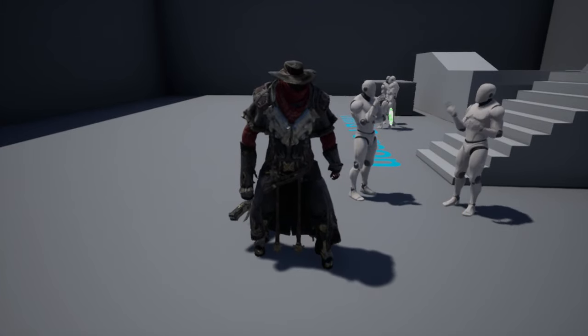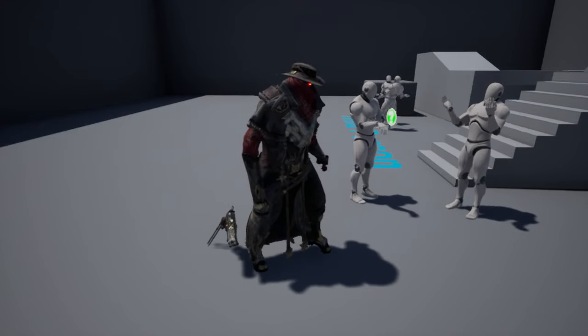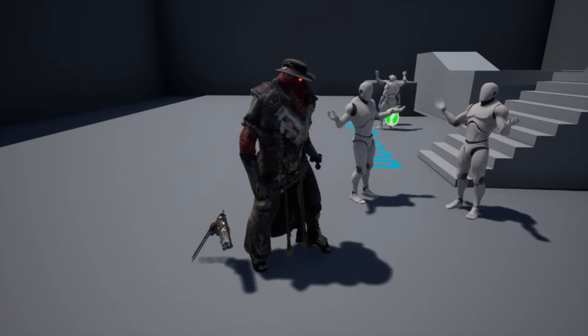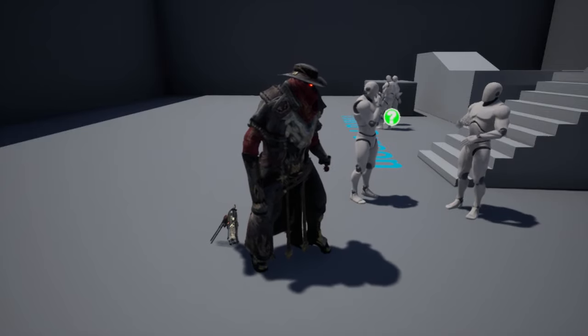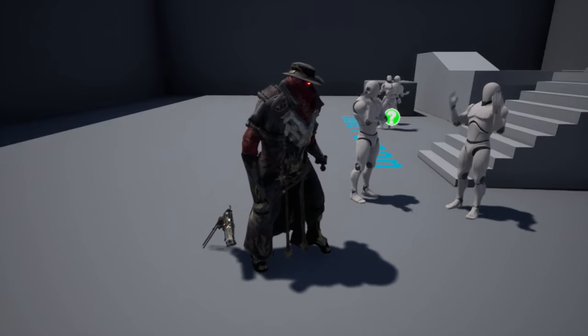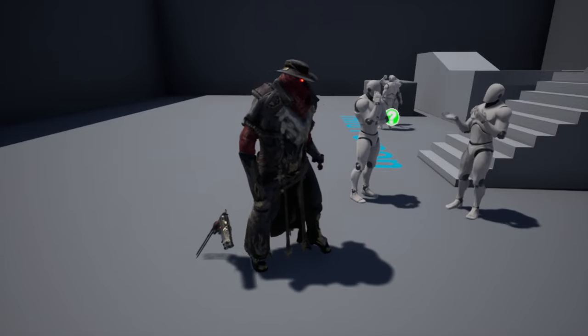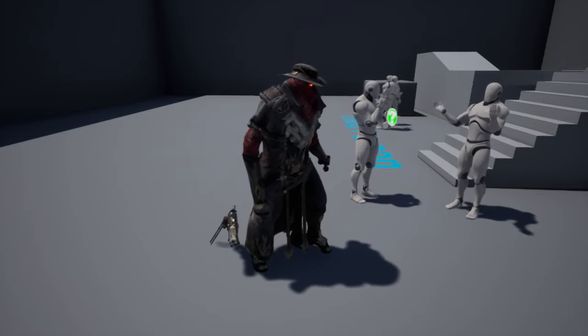And the same process that I used to put him here, I could retarget his mesh onto there and just keep that animation.